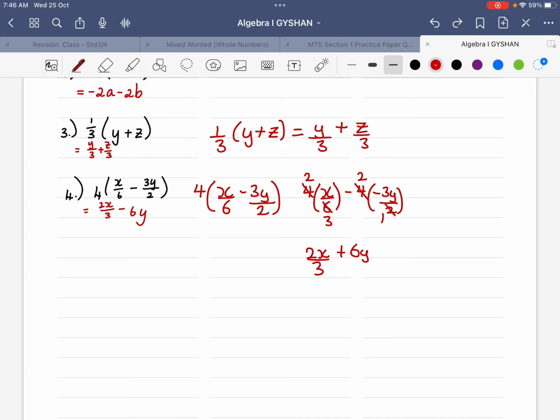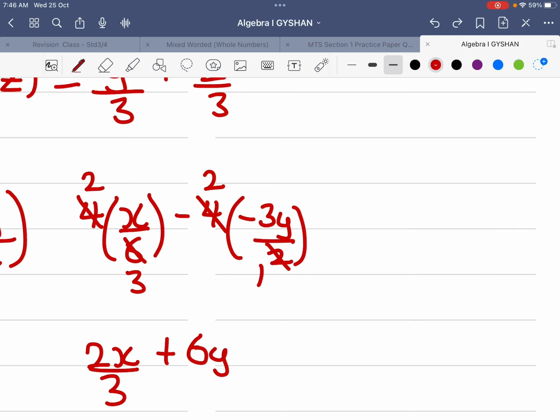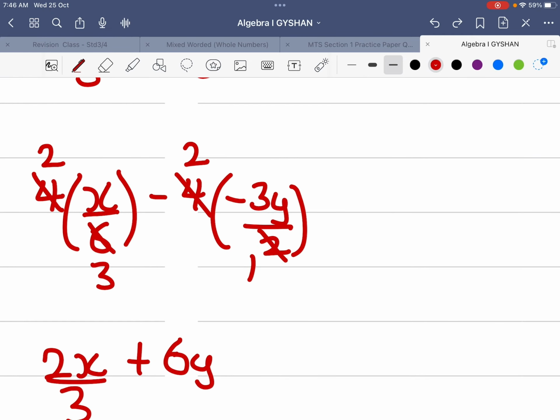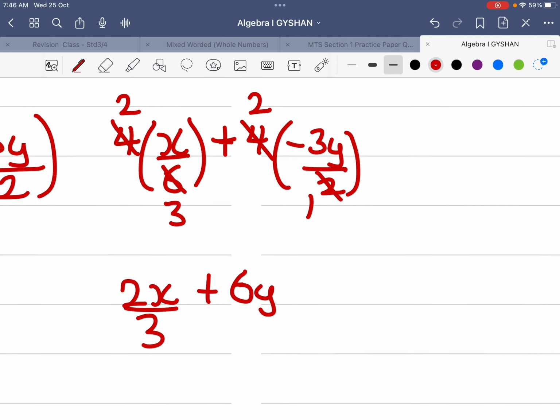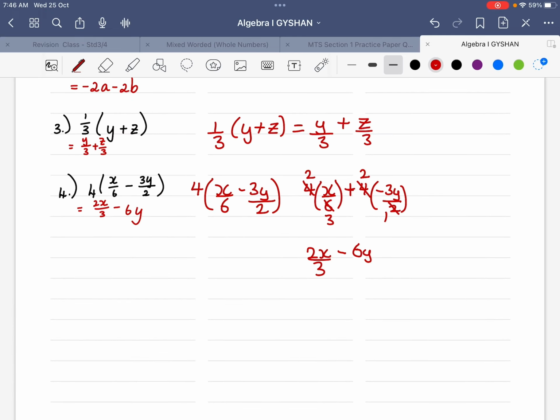Wait, I made a mistake with a negative sign. So this is supposed to be plus here, and this is supposed to be minus.